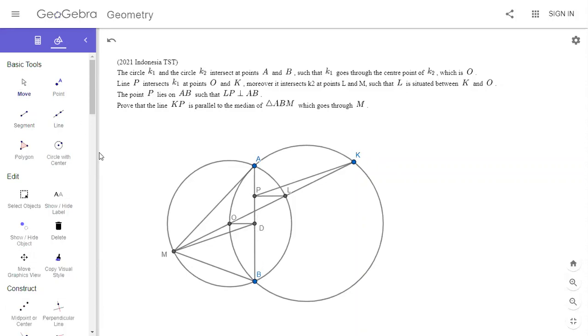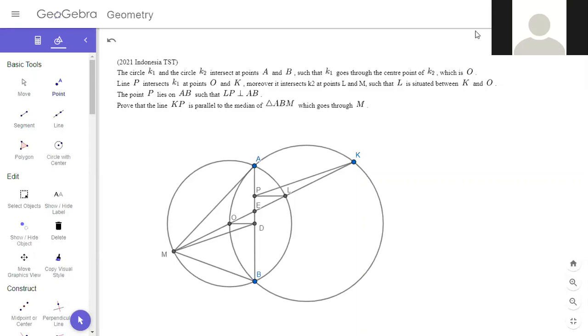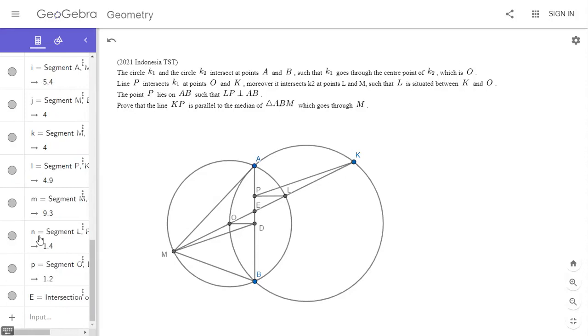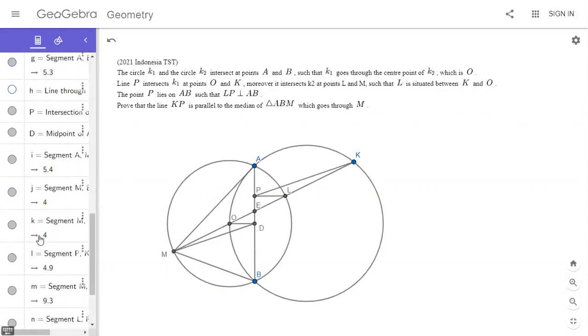I think that's equivalent, so I'm going to label this point right here. Let's see who we got. Yeah, let me draw the other center. So that would be the center of D.